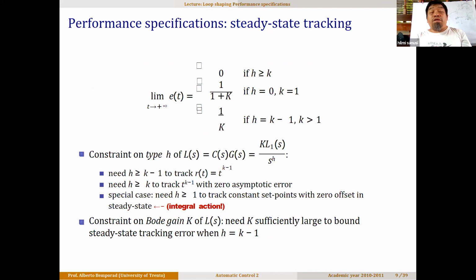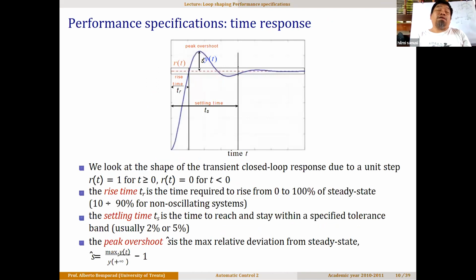So the constraint of the Bode gain of the forward loop will need some gain sufficiently large enough to bound the steady state tracking error, with poles just 1 degree higher than your zeros. For example, s square plus something over s cube plus something. Okay.